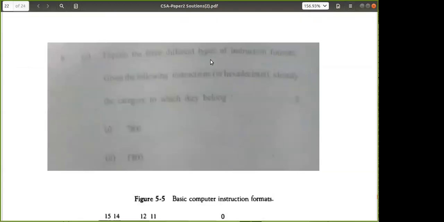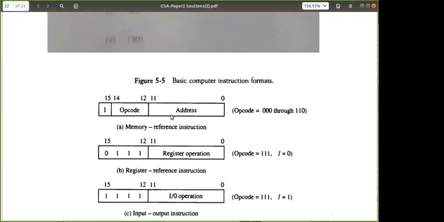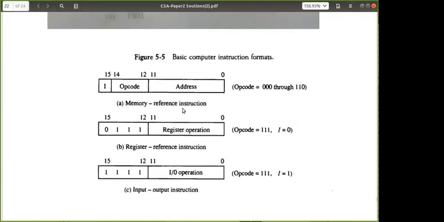Explain the three different types of instruction format. Given the following instructions, identify the category to which they belong. We have basically three types: memory reference instruction, register reference instruction, and input output instruction. Here you can see the opcode is from 000 to 110.